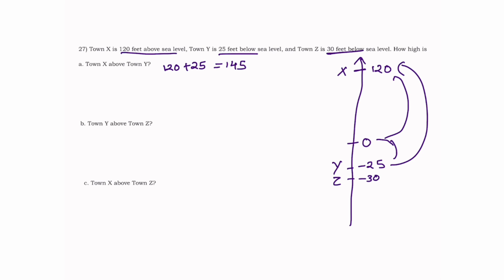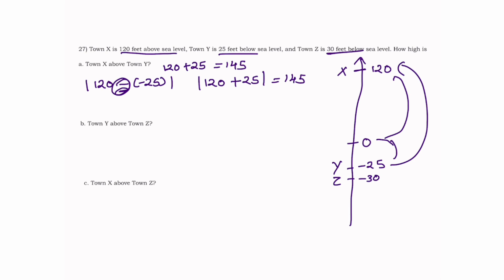That's how you get that answer. If you want to put it like this, it's 120 minus minus 25. This minus is because we are finding the distance, and that minus becomes plus, and that's again 145. So either through the number line or through the absolute value method.